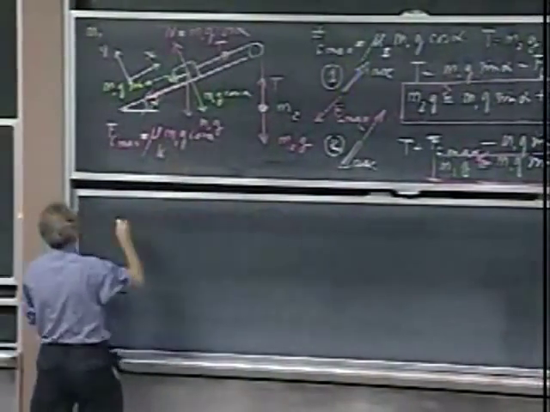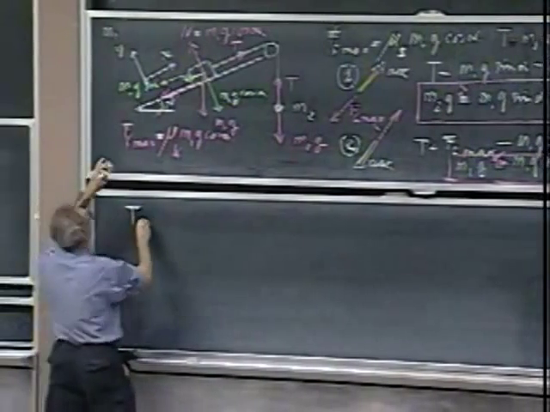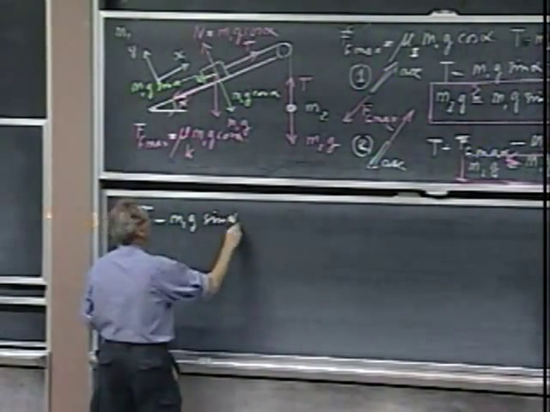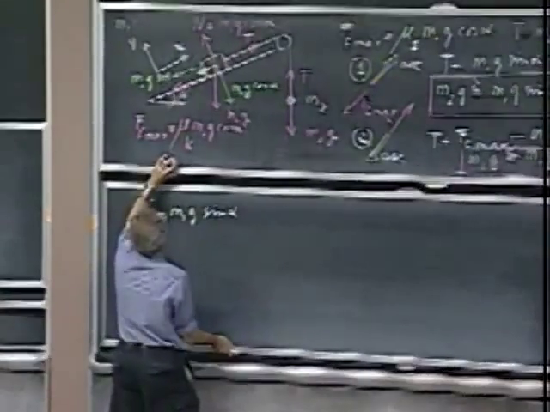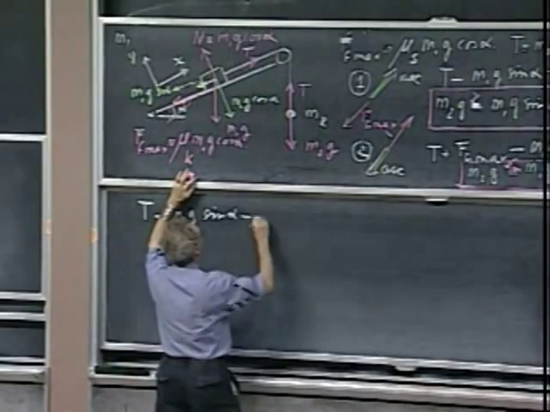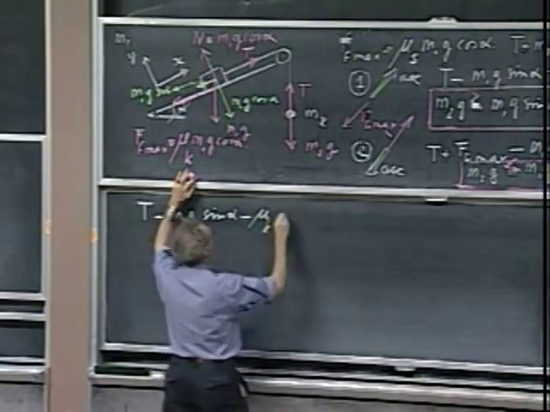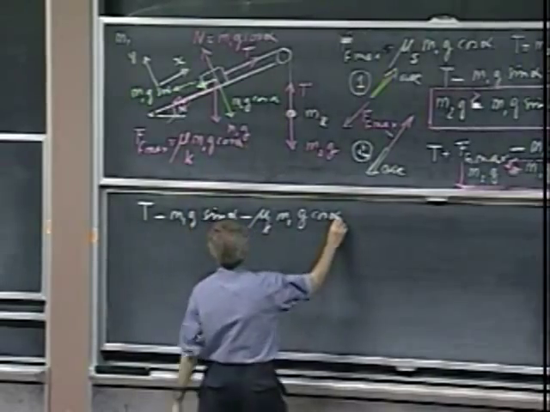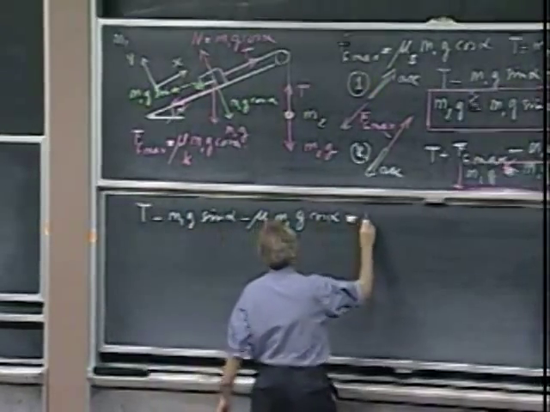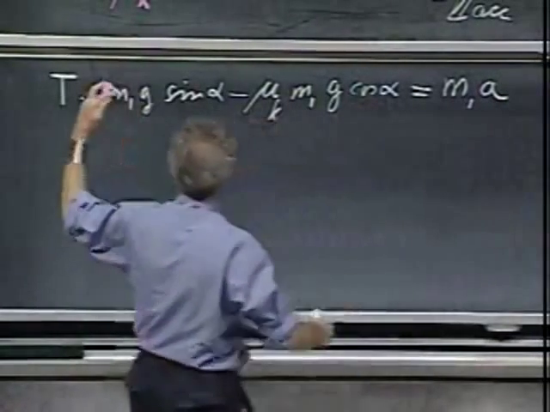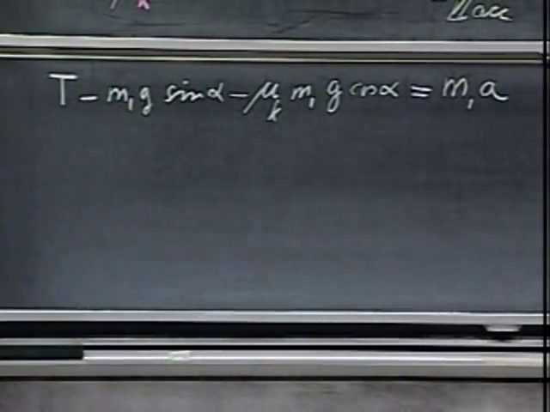We have T in the positive direction minus m1 g sine alpha minus this maximum force, minus mu k m1 g cosine alpha, and that, according to Newton's law, must be m1 times a, if a is the acceleration uphill.